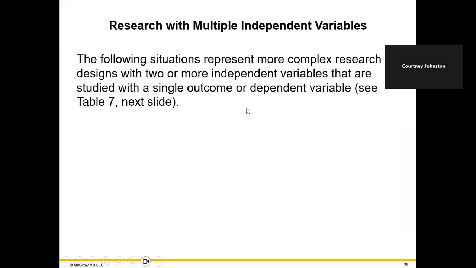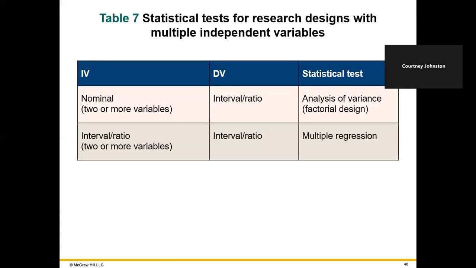Now, if you have multiple independent variables, some of the following situations represent more complex research designs. If you have two or more independent variables that are studied with a single outcome or dependent variable, an example of that could be what is the predictive nature of just world beliefs and education level on conspiracy theory beliefs?